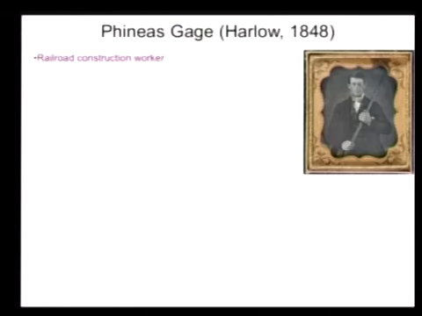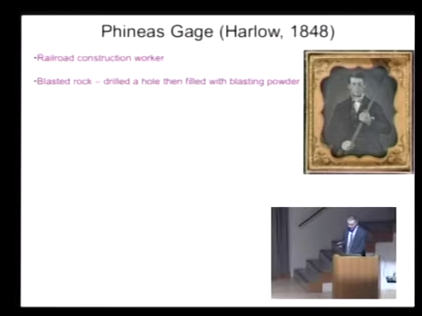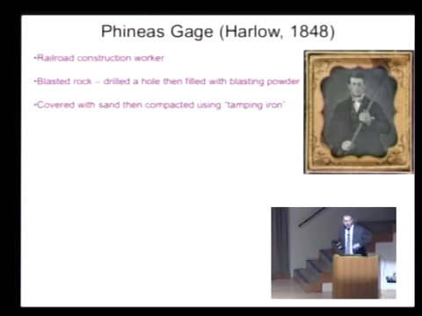And he was a railroad construction worker in the US. And what they would do is he would kind of blast rock every day. And that involved drilling a hole and then filling it with blasting powder and covering it with sand and then compacting all of that with a tamping iron, okay? And that tamping iron is that thing you can see him holding up there. So it's just this big iron rod.